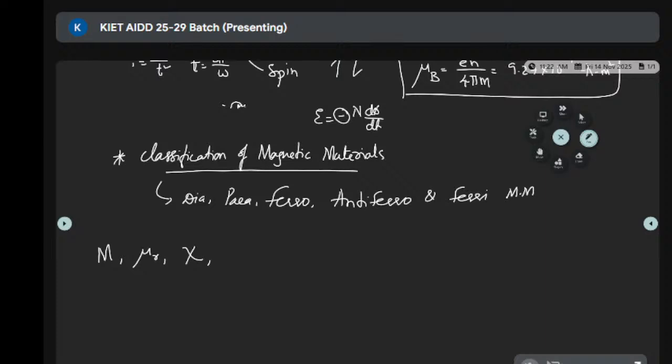Magnetic moment, relative permeability, magnetic susceptibility. Using these, we are going to classify the magnetic materials, or by the attraction property, attraction and repulsion. And examples also we are going to give.